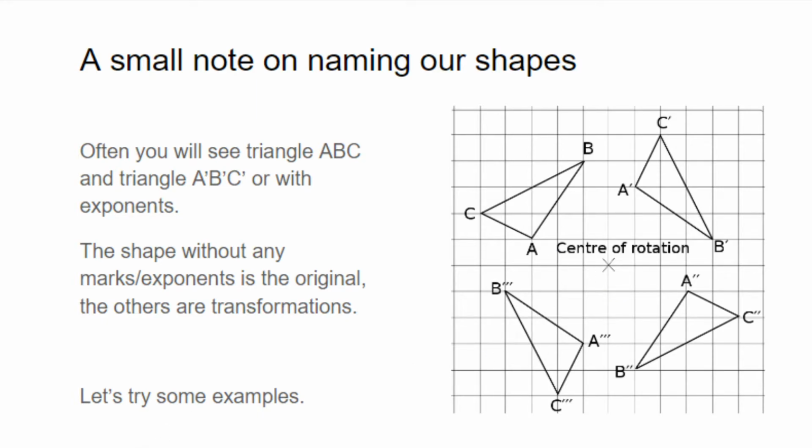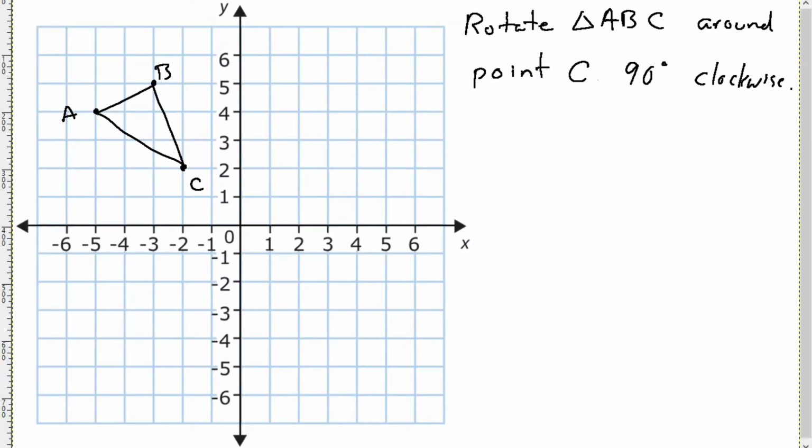So let's do a couple examples to show you what these might look like. If our question is rotate triangle ABC around point C 90 degrees clockwise, I want to point out that a lot of people have sent me messages saying, oh, I don't have graph paper, or I don't have a protractor, or something like that.